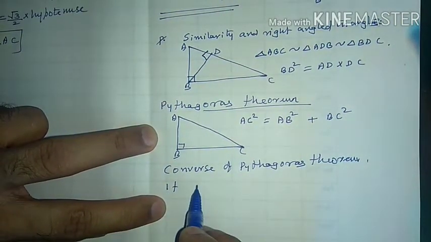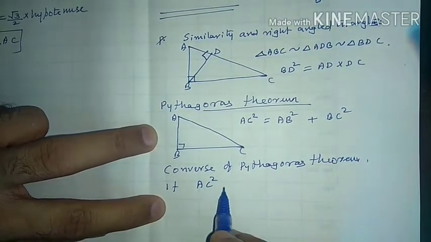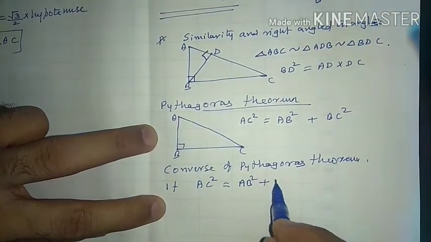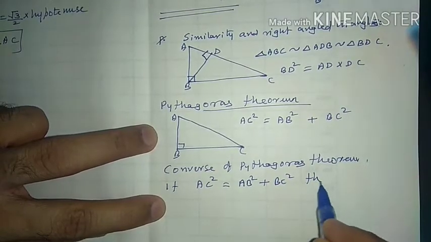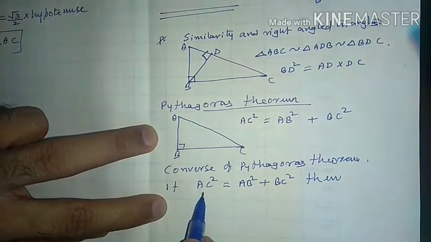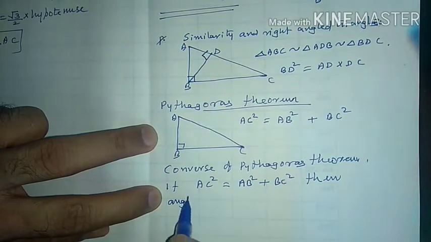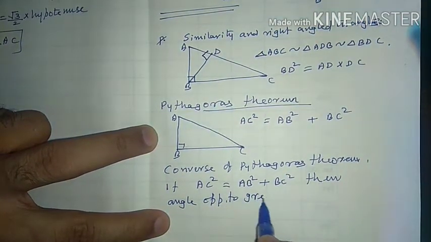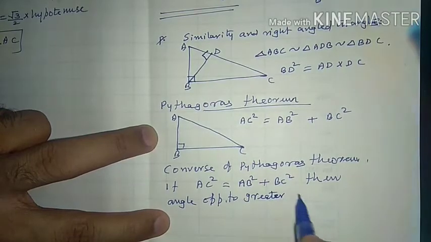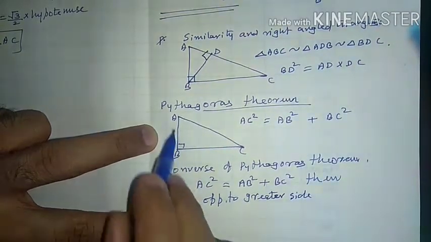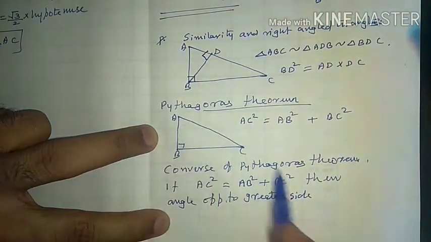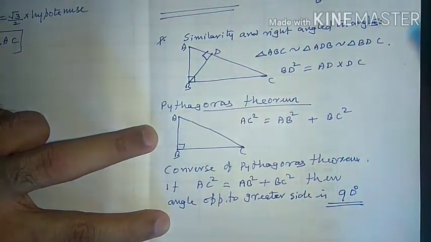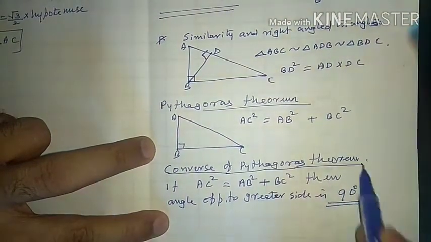If the square of one side is equal to the sum of the squares of the other two sides, then the angle opposite to the greatest side, the hypotenuse, is a right angle. This is the converse of Pythagoras theorem.